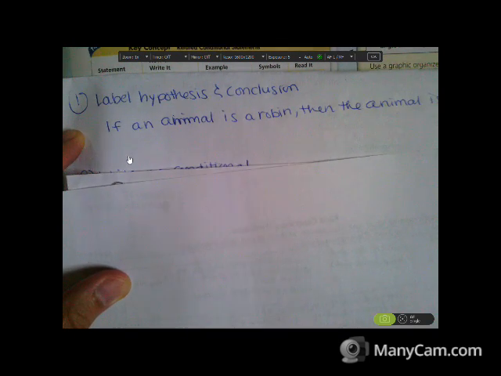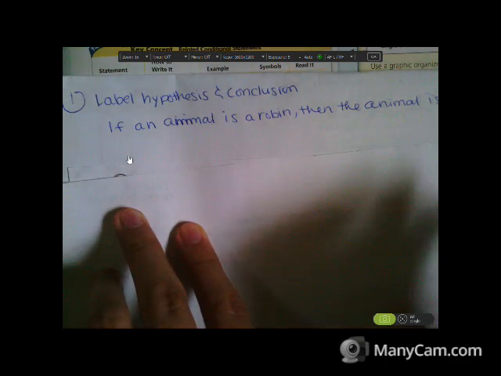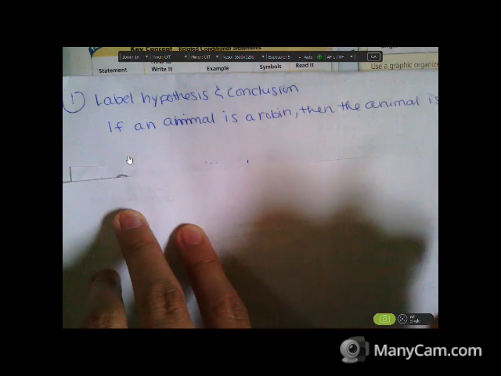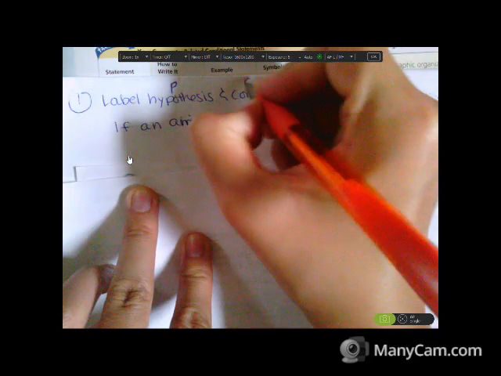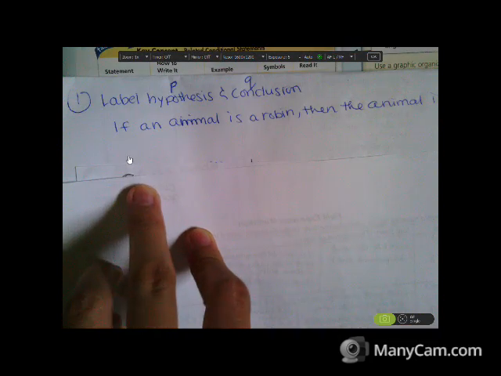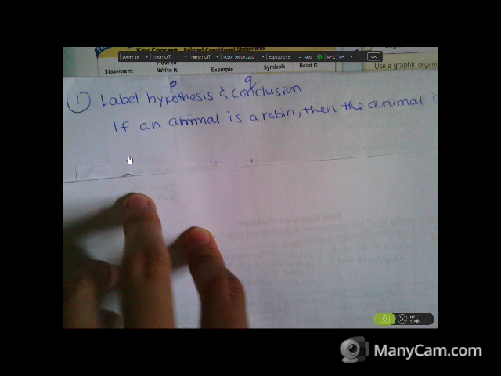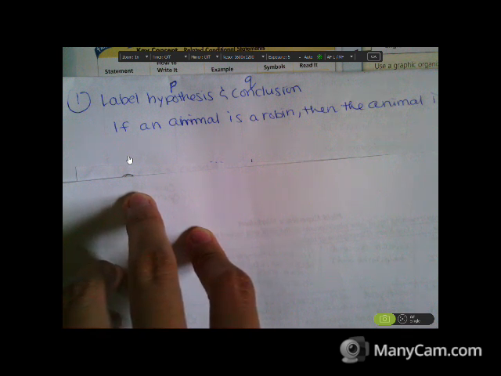Alright. So, in problem 1, they're asking you to label the hypothesis and the conclusion. We're going to label the hypothesis P and the conclusion Q. So, if an animal is a robin, then the animal is a bird.